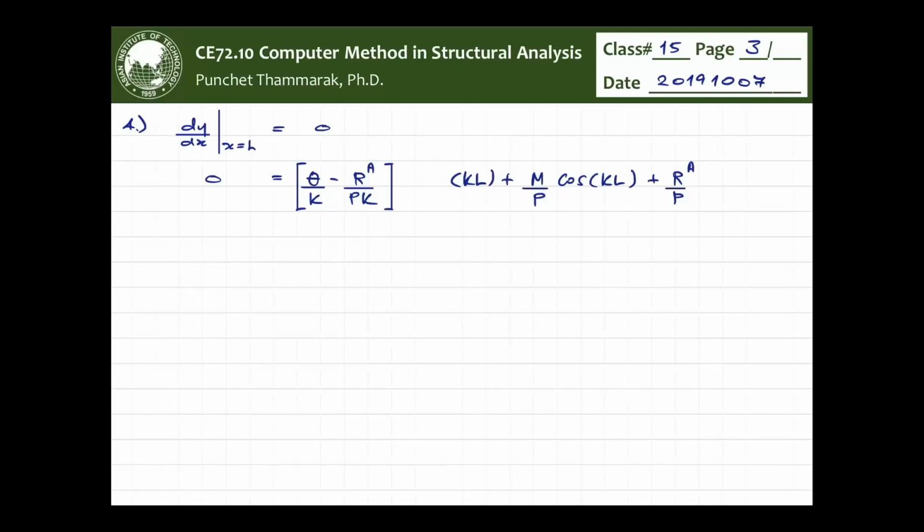We have cosine, and we have the K in front of this cosine function, right? AK cosine minus BK sine, right? And then plus RA over P. That's it.